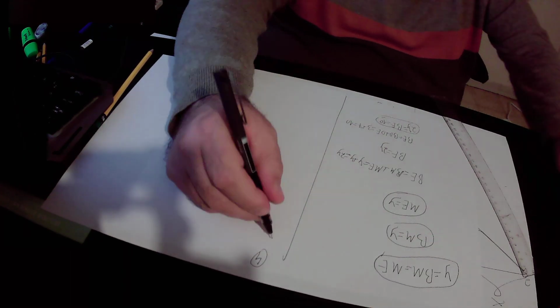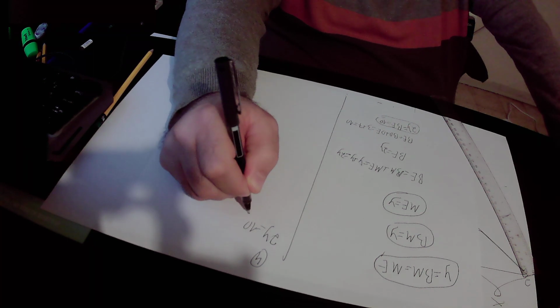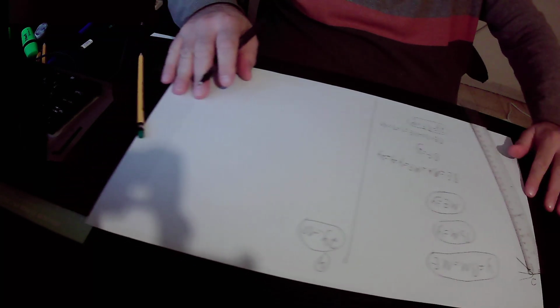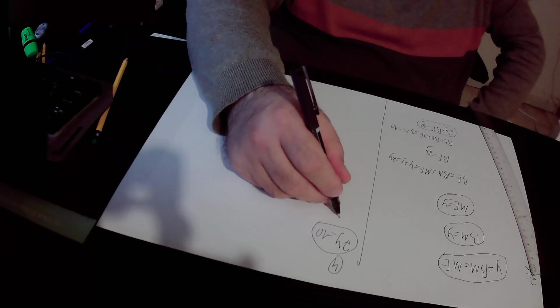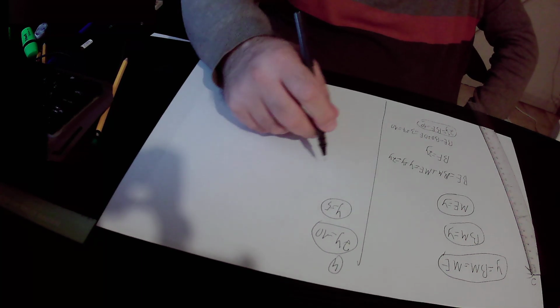So I found out that 2Y equals 10. Here we will divide this equation by 2 and we will get that Y equals 5.